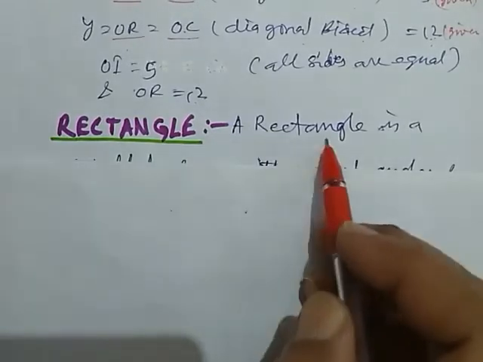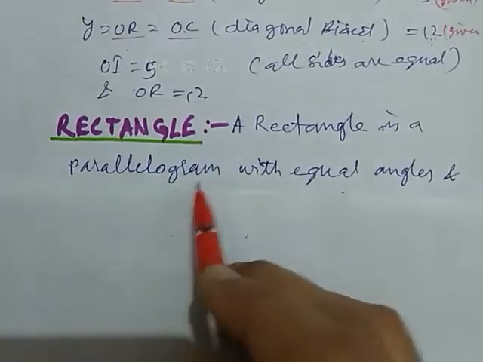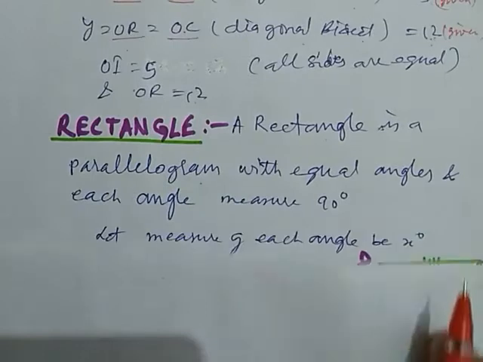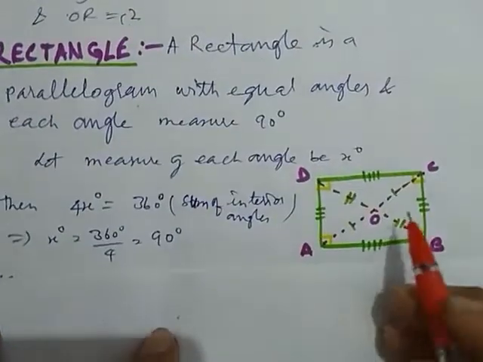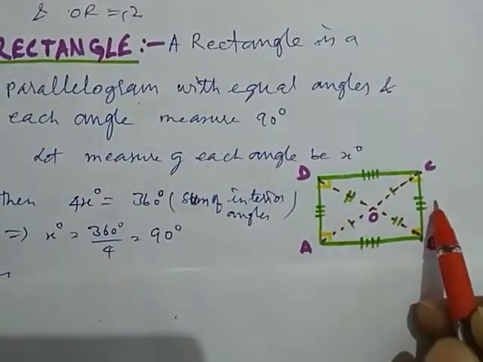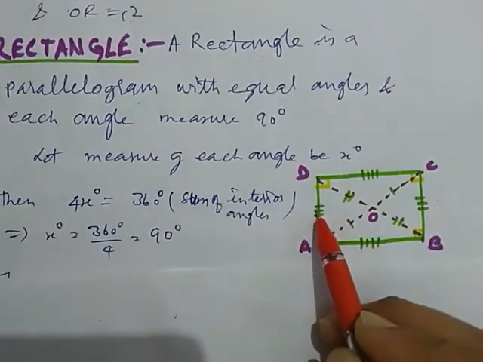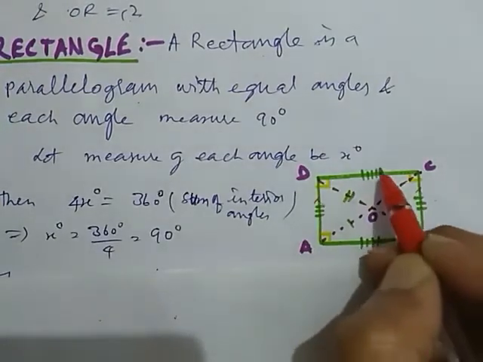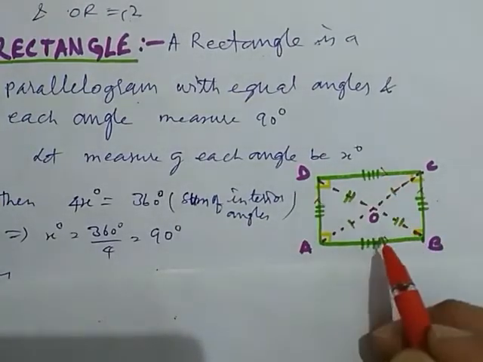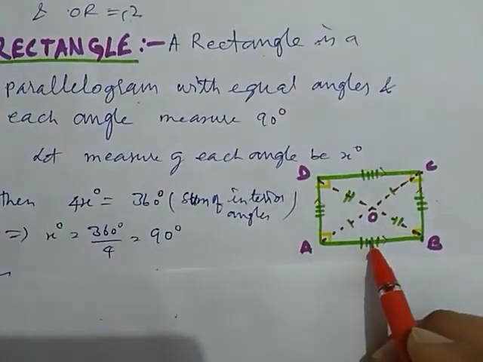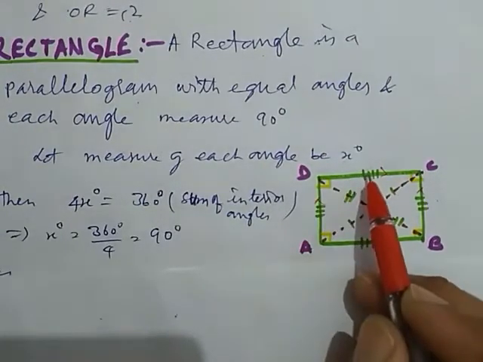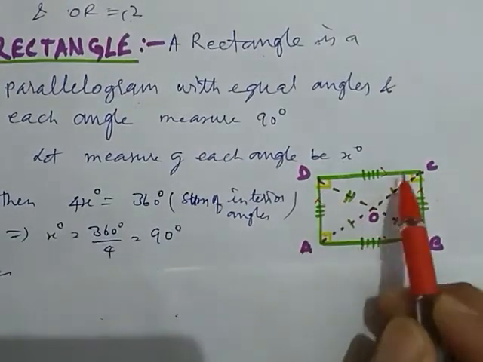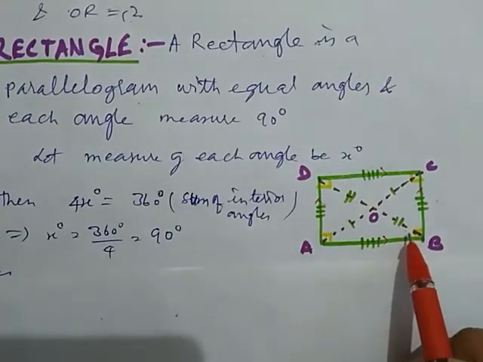A rectangle is a parallelogram. Why is this a parallelogram? Because a rectangle has two sets of parallel lines. This line and this line are parallel to each other, and this line and this line are also parallel to each other. Why are these parallel? As we know, two lines are parallel if the distance between them is the same everywhere.